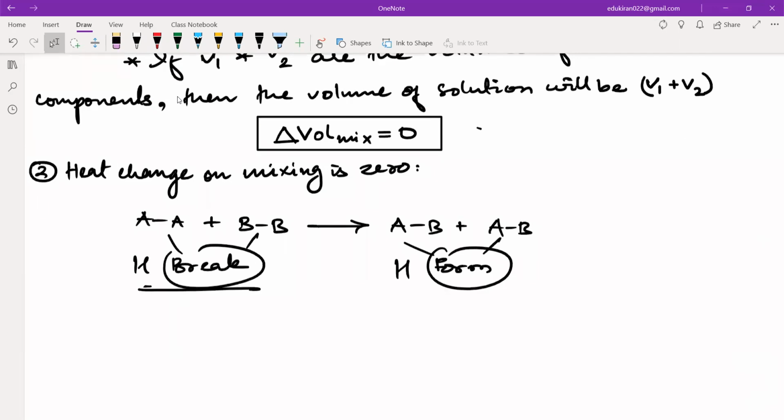The amount of energy I am giving to break these bonds will be equal to the amount of energy released after the formation of AB bonds, because the amount of energy required to break is directly proportional to the nature of attraction. And the nature of attraction is equal. That is why we give some amount of energy, and the same amount of energy is released, because we are breaking and then forming, and that is why the heat exchange will be equal to 0.